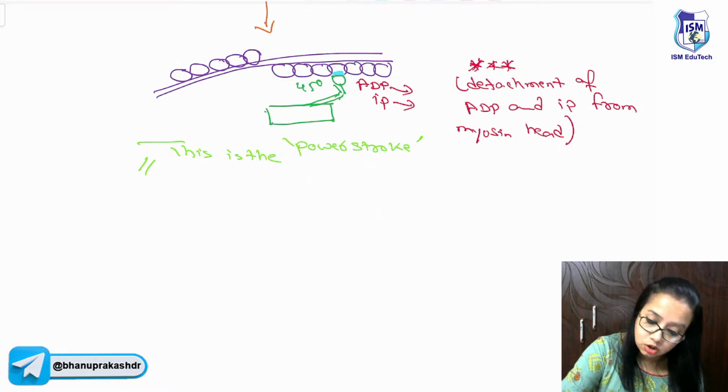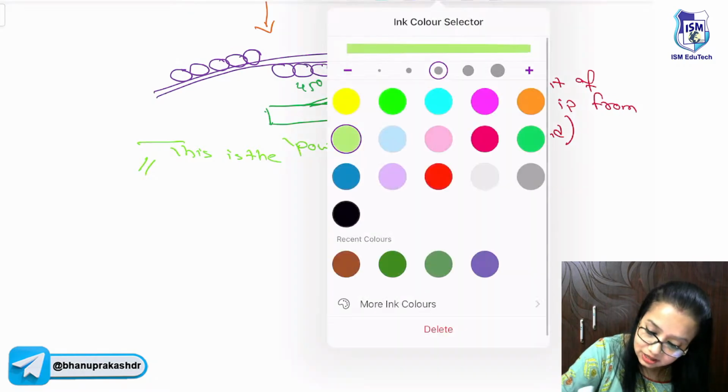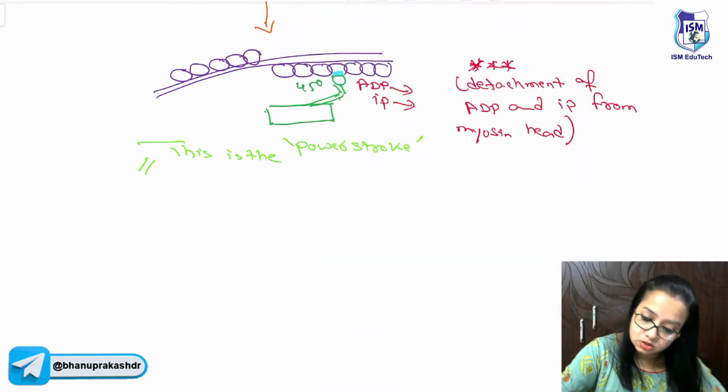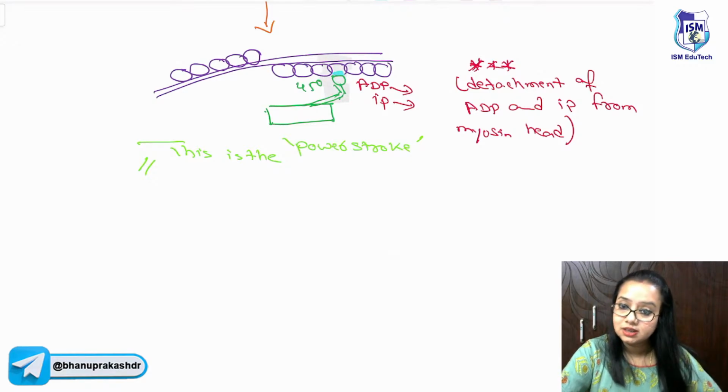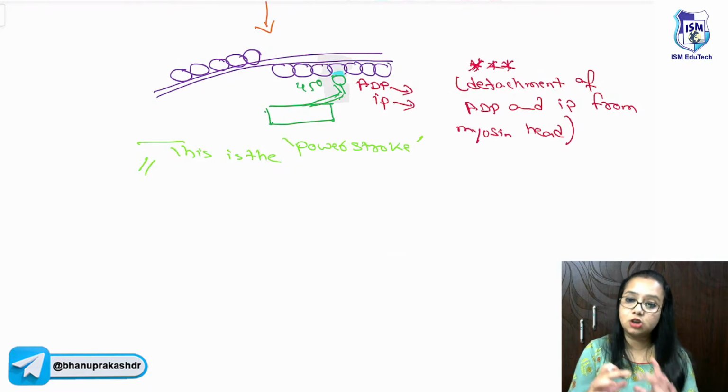Now, this complex, let me highlight it. Okay. Now this complex means the structure in which the actin and the myosin are a complex. They are not physically in contact with each other, right? Through the binding site.